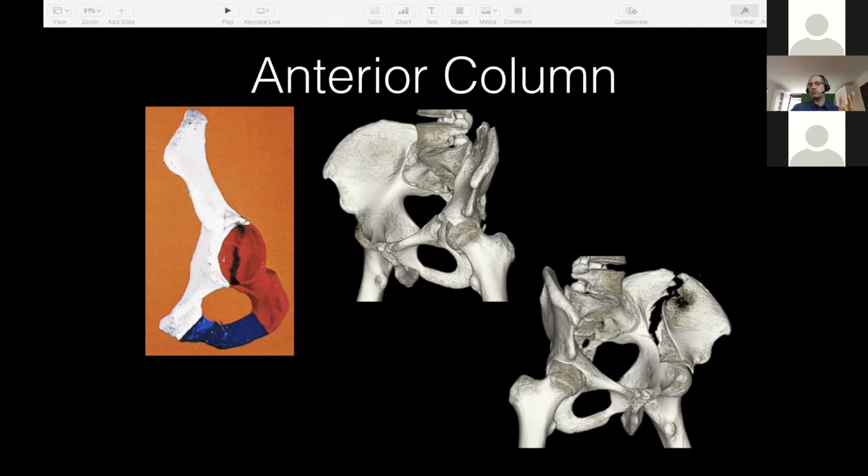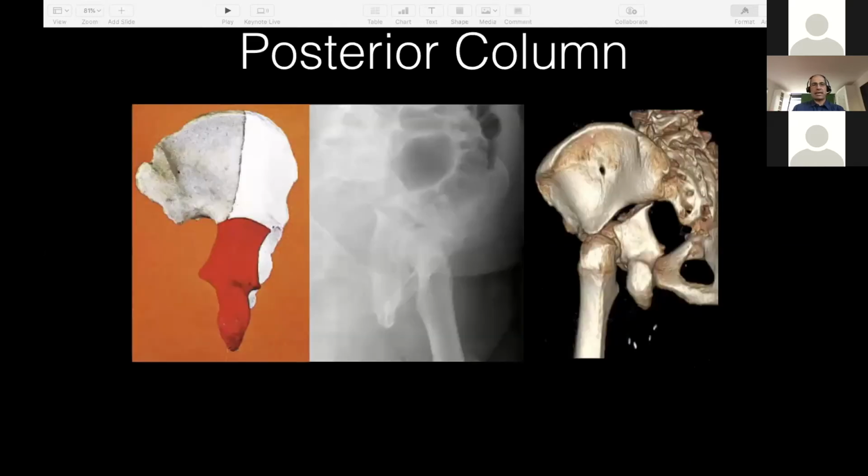It includes the anterior wall and the iliac crest, and we have what are called both low and high anterior column fractures, depending on whether they exit above or below the ASIS.